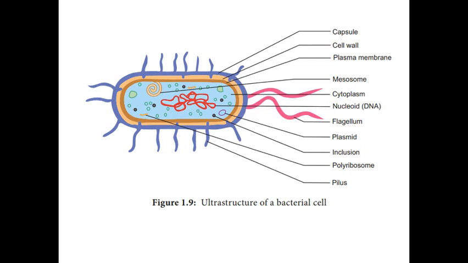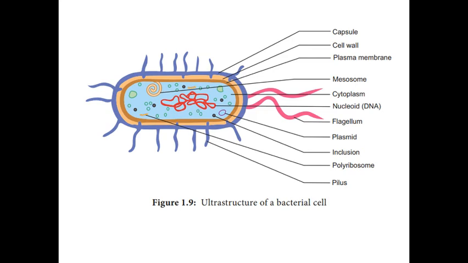Apart from flagella, there are very small appendages present on the bacterial cell, known as pili or pilus, or we can say fimbriae also. These are hair-like appendages found on the surface of the cell wall of gram-negative bacteria, and the pili are 0.2 to 20 micrometers long with a diameter of about 0.025 micrometer.